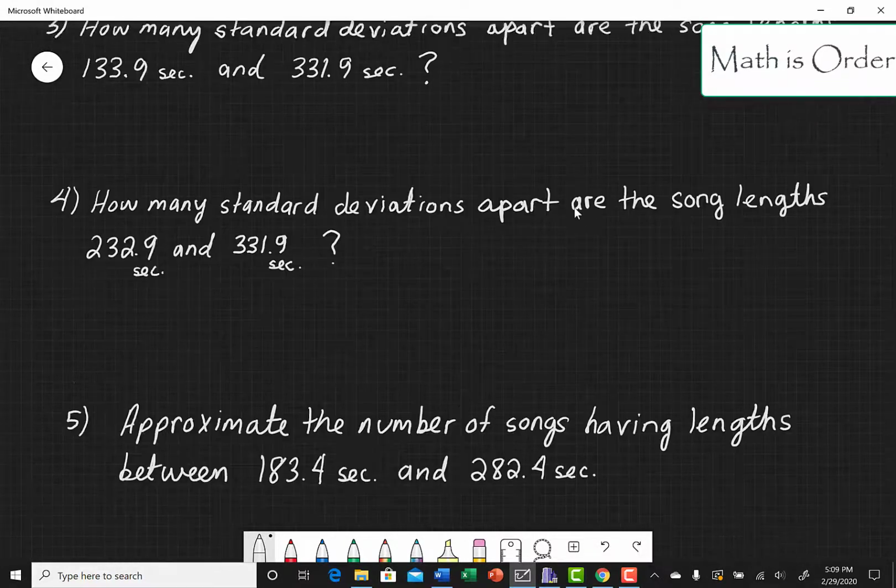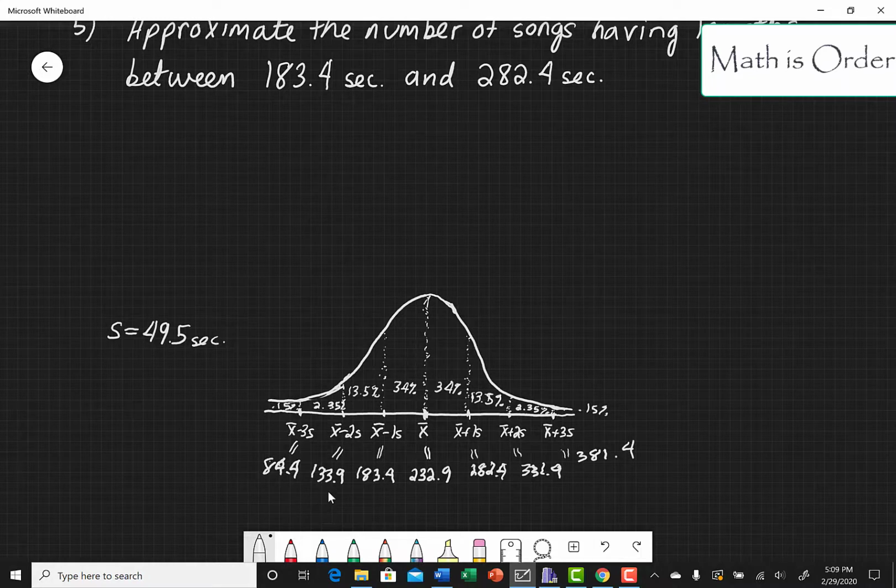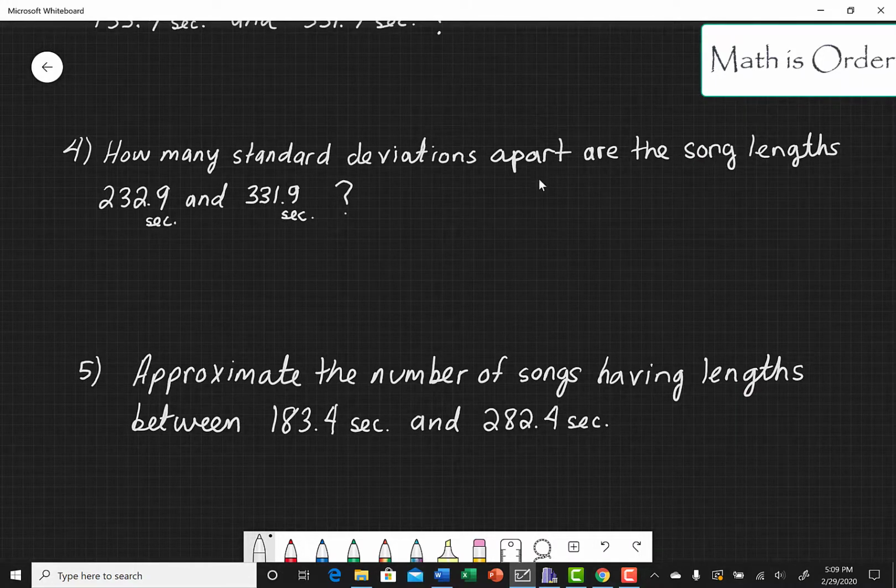We see that 133.9 and 331.9 looks like it is 95%.